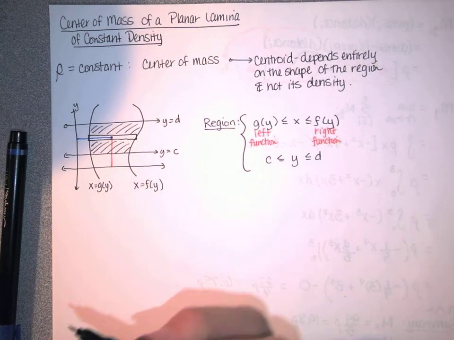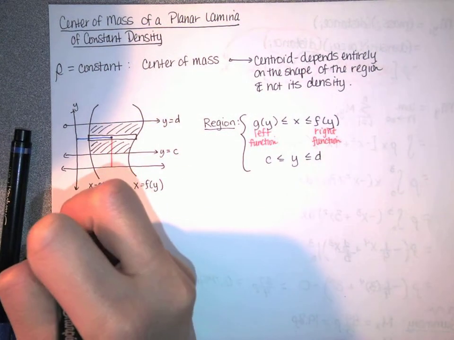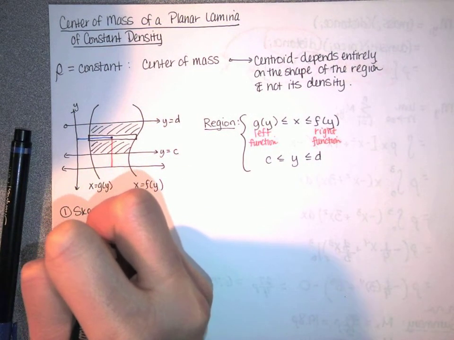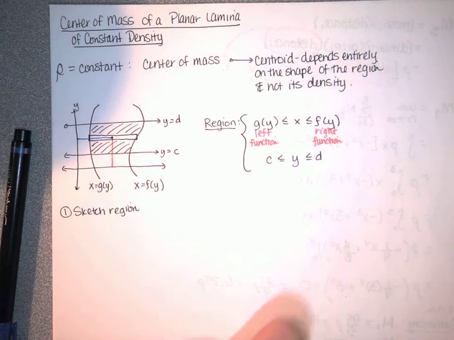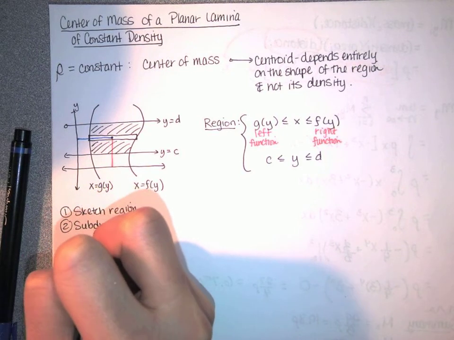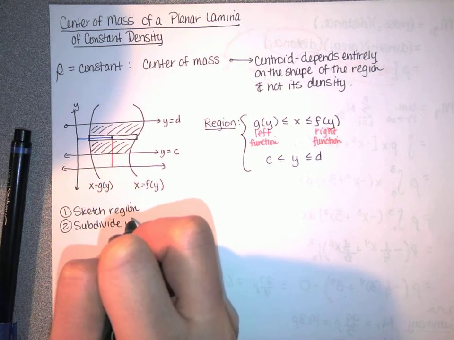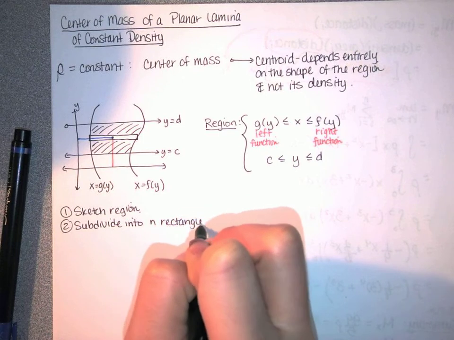Okay, so we do the same thing that we always do. I sketch my region. And we're going to subdivide the region into n rectangles. And then this is pretty cool.